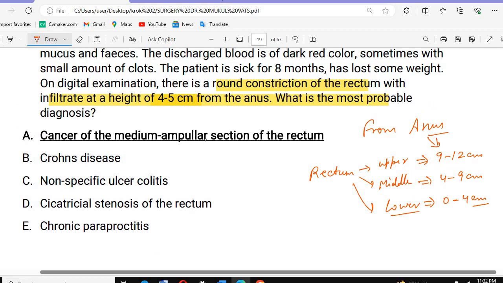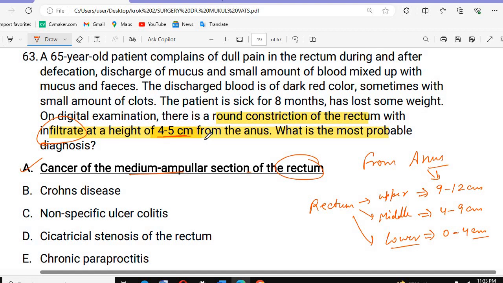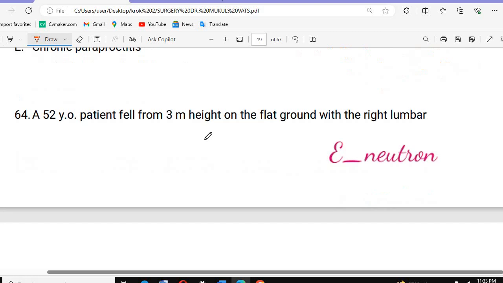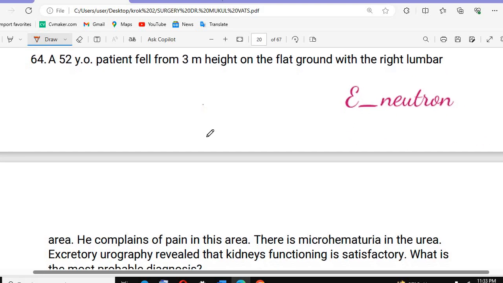So here the infiltrate is at a height of 4 to 5 centimeter. Infiltrate means something like abscess formation. So that's why it will be the medial ampullar section of the rectum. This is just a direct question from anatomy.